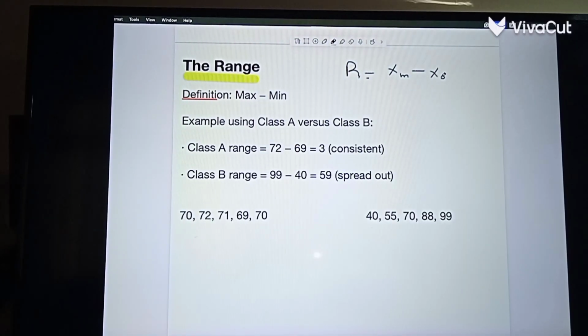I denote the maximum value with xm and the minimum value with x naught. So this is xm, suppose, and this is x naught, suppose. So range is equal to xm minus x naught.